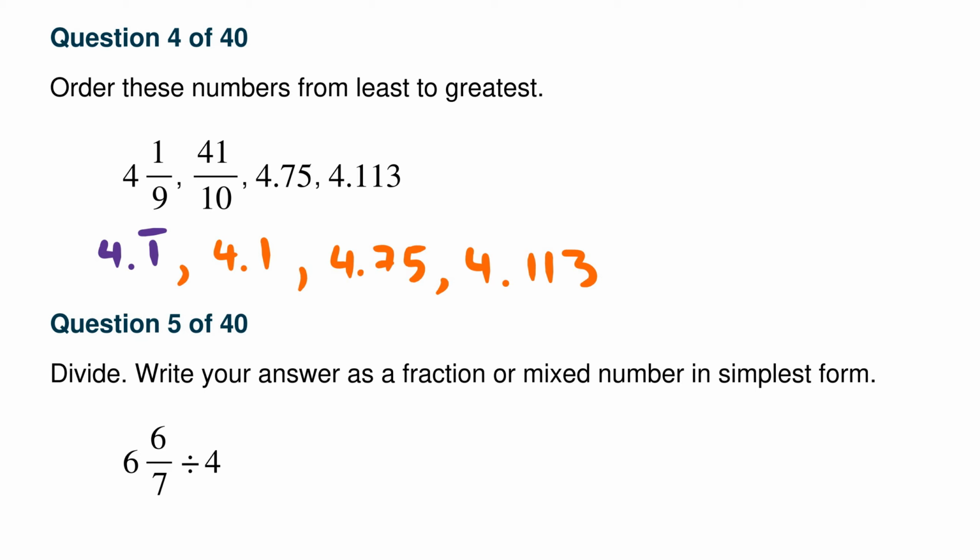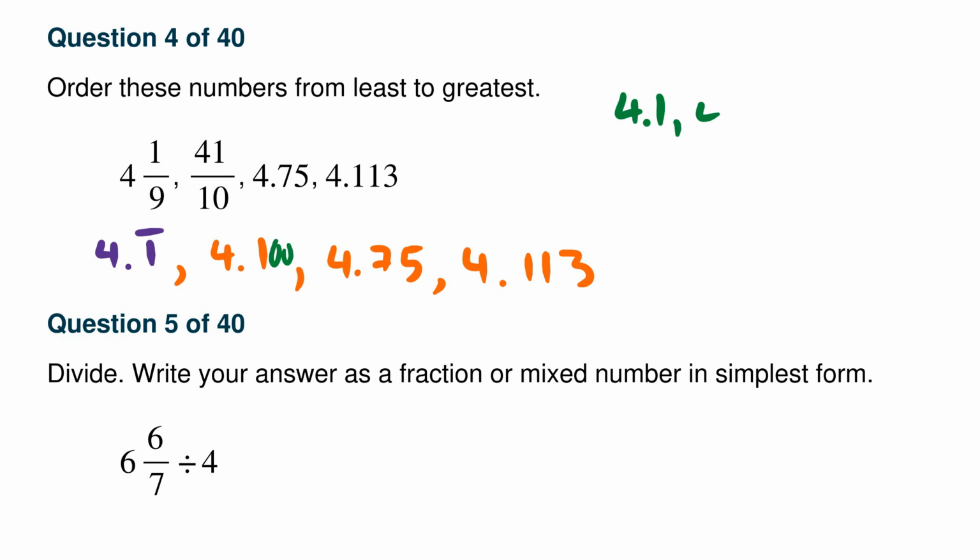So we go from least to greatest. The smallest number here is going to be 4.1, because 4.1 can be 4.100, compared to 4.113 it is still smaller. So the second place is going to be 4.113.